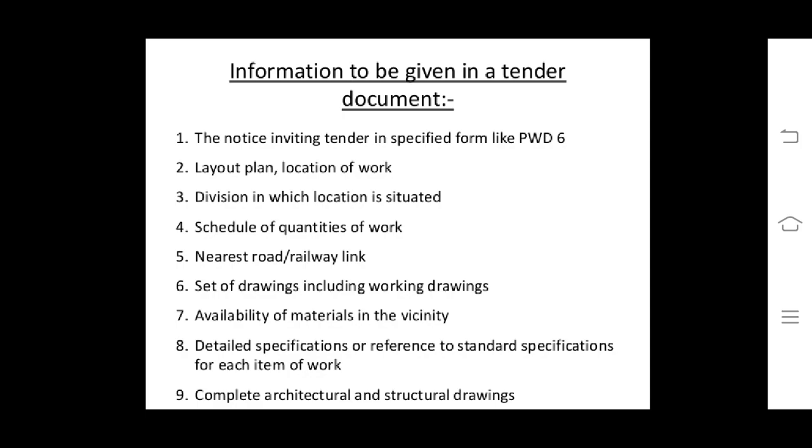Information to be given in a tender document. The notice inviting tender in specified form like PWD 6, layout plan, location of work, division in which location is situated, schedule of quantities of work, nearest road and railway links, set of drawings including working drawings, availability of materials in nearby vicinity, detailed specification with reference to standard specification for each item of work.